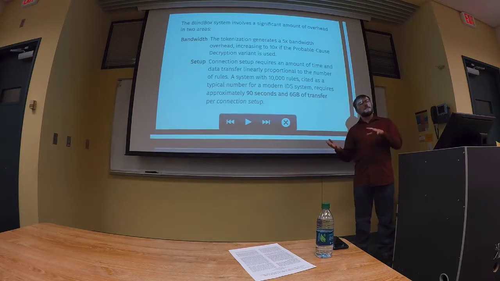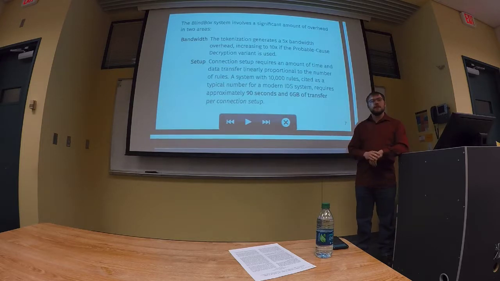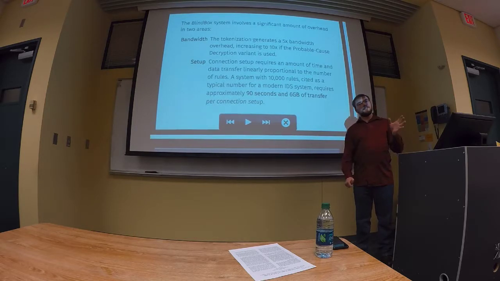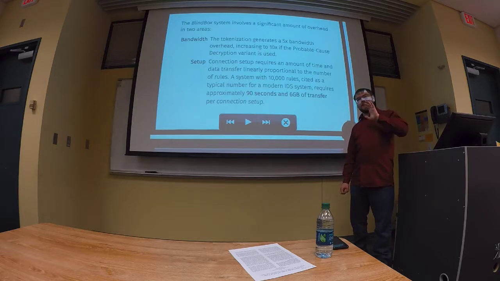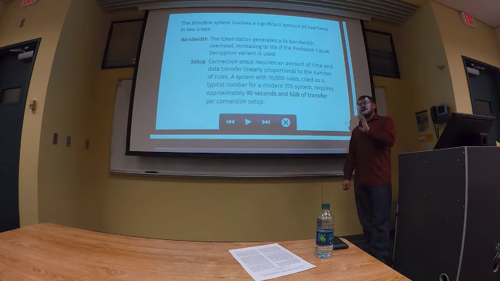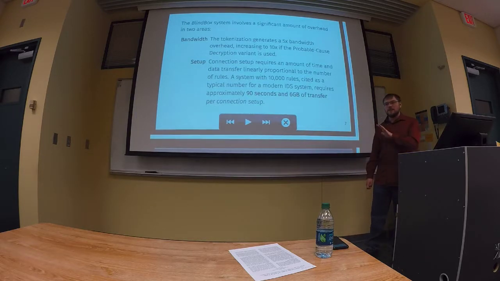Like I said, it also includes the encrypted substrings, and that increases your bandwidth usage by 5 times. And if you're using the probable cause detection extension, that requires including another set of tokens in order to keep it fast, and that brings your total overhead up to 10 times. That's a lot. There are some ways you can bring that down that I'll talk about in a little bit, but still, it's quite a bit.